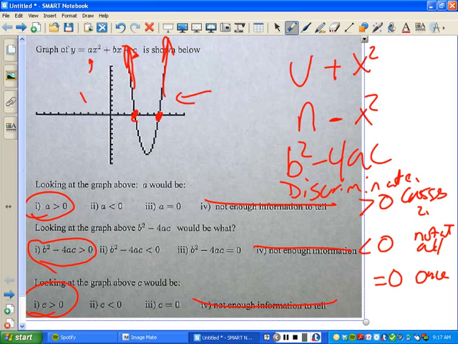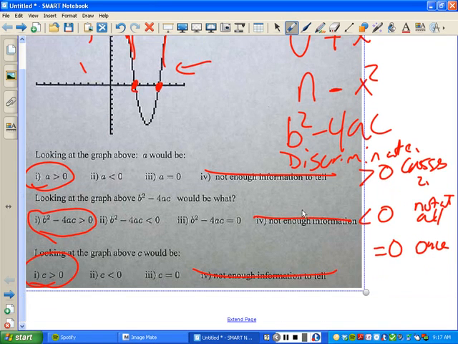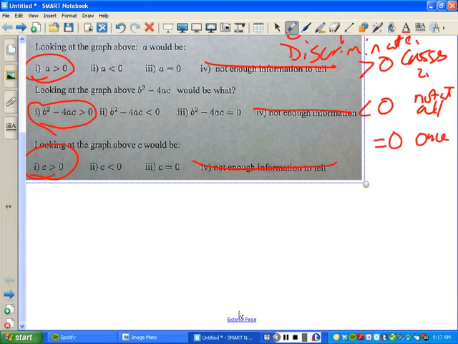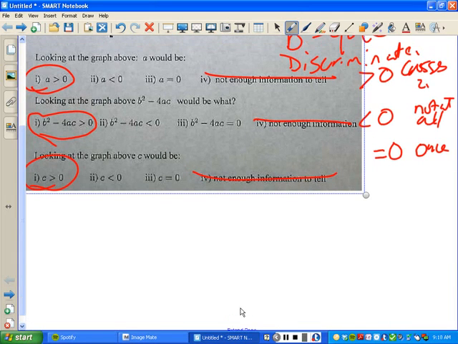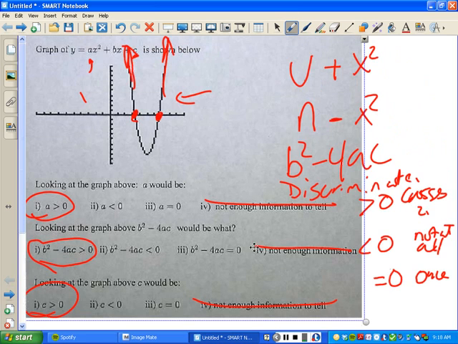Does everybody understand how I got to those 3 answers? C is the y-intercept. So where does this graph cross the y-axis?